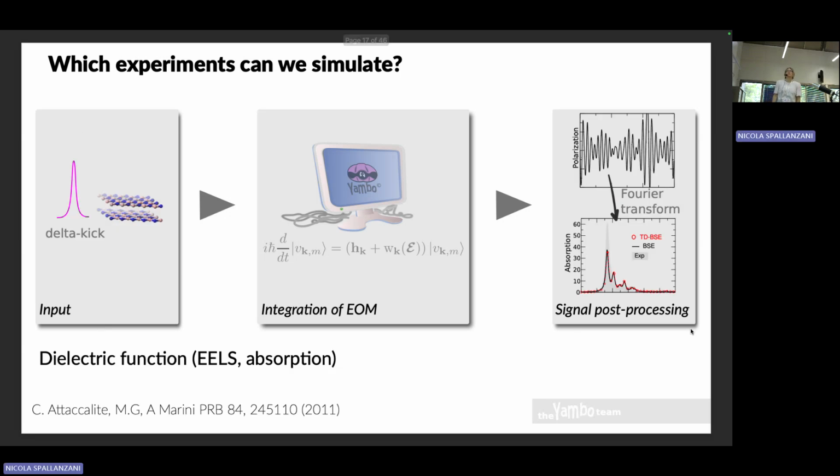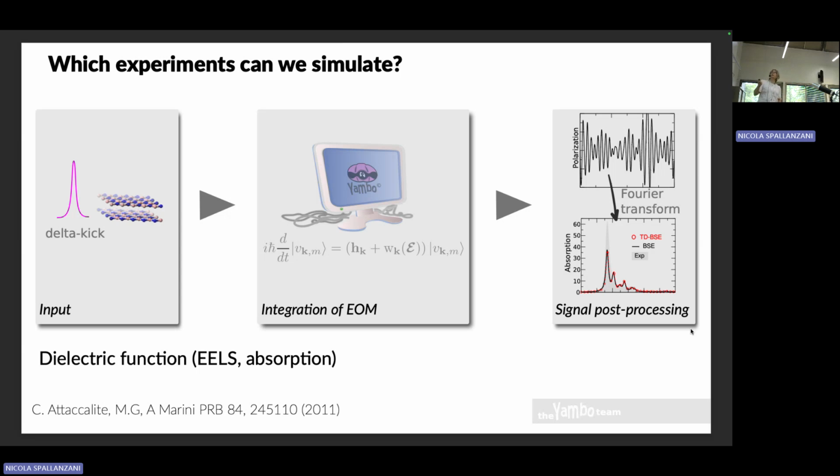And then you get different experiments. The first thing you can do, and this is the first tutorial of this afternoon, is just get the dielectric function. For this, you just apply a kick to your system, you integrate, and then you get the polarization.